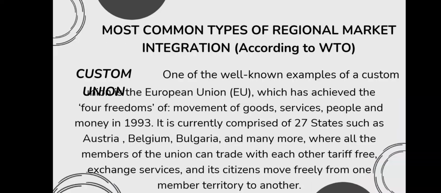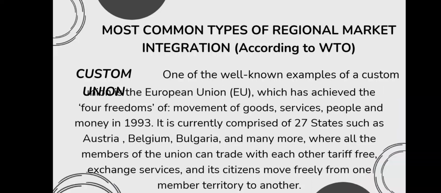So, we have the most common types of regional market integration according to the WTO. First is the customs union. One of the well-known examples of a customs union is the European Union or EU.